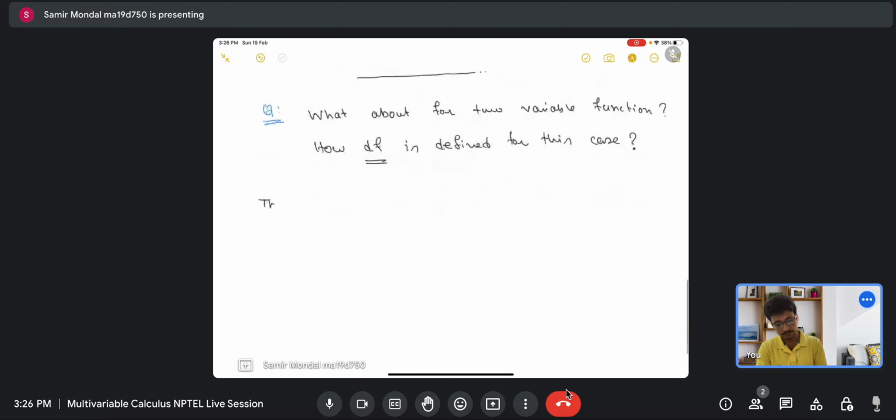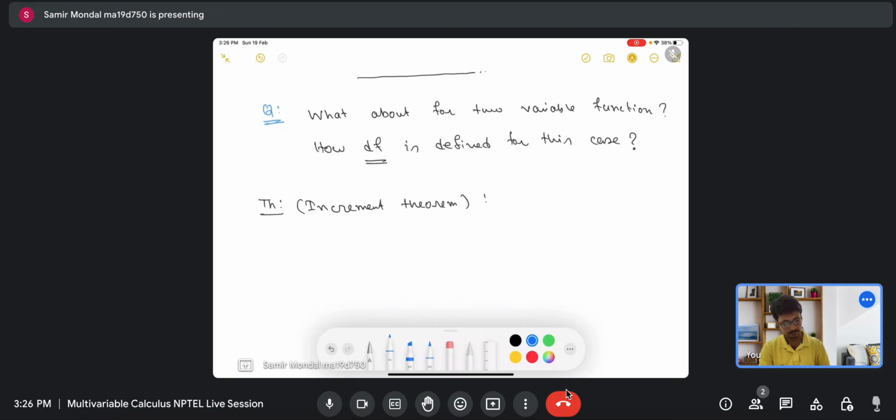What is this? It is the increment theorem. So what does the increment theorem say? Suppose a two variable function is defined on a domain D, with the extra assumption that the partial derivative with respect to x, f of x, and the partial derivative with respect to y, f of y, both are continuous.